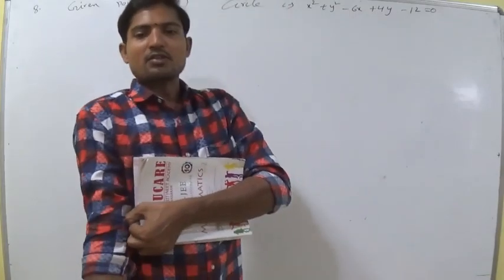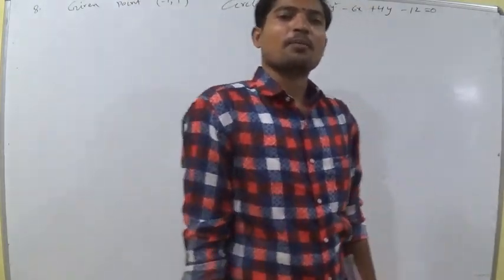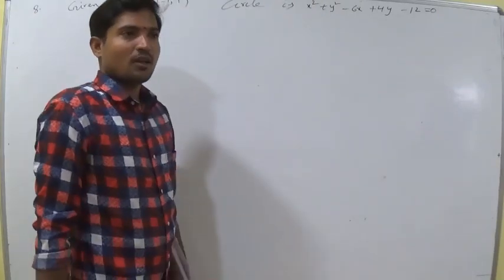The general equation of a circle is x² + y² + 2gx + 2fy + c = 0.